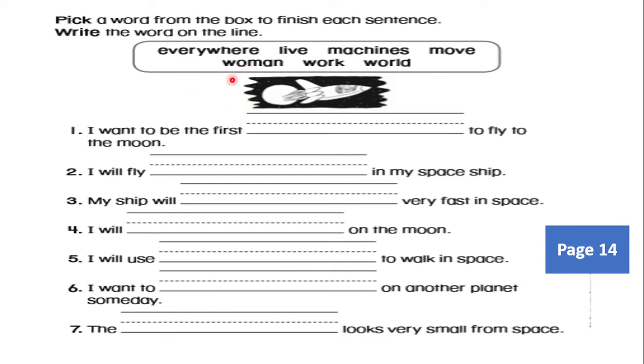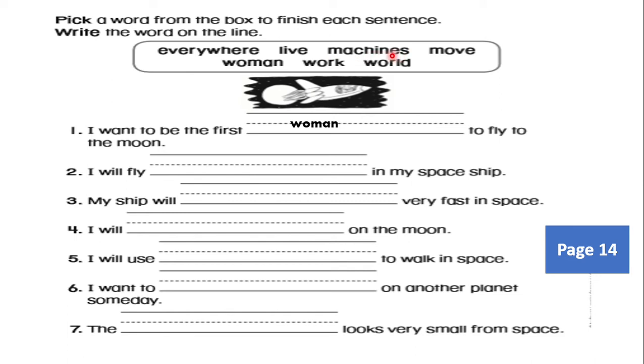Let's start with the first sentence. Once you're done with any word, remember to cross it out. I want to be the first to fly to the moon. I want to be the first what from the words here? The first woman. Can we say to be the first everywhere? No. Live? No, doesn't suit the sentence.